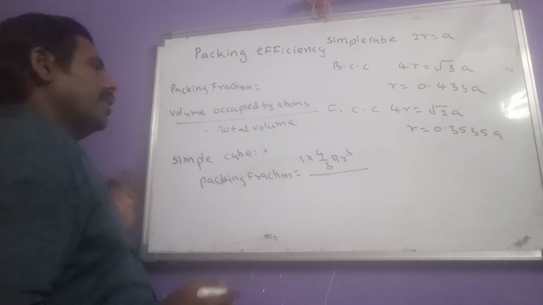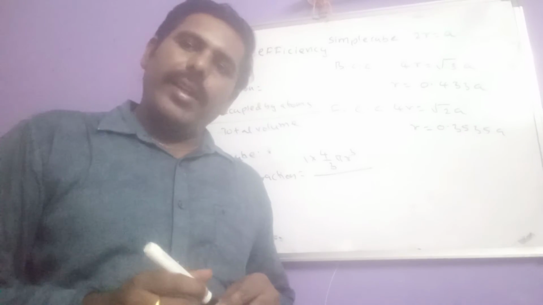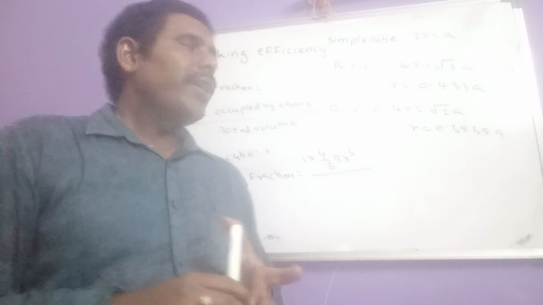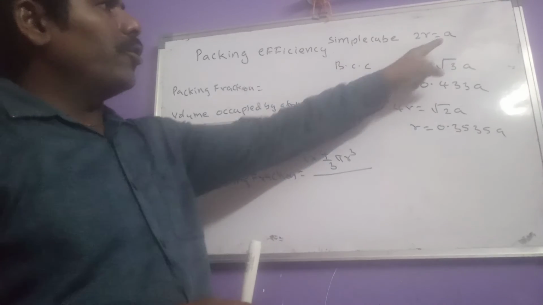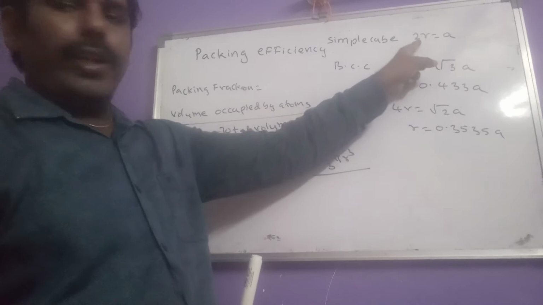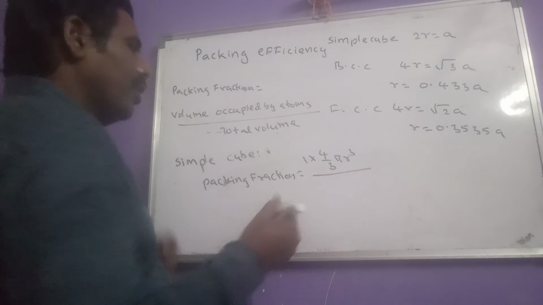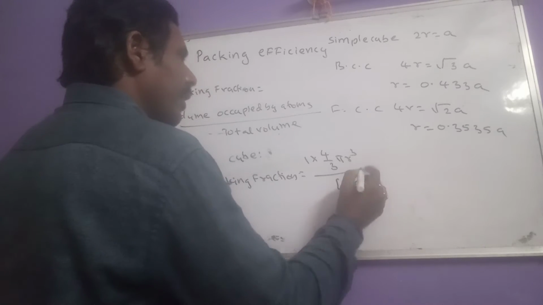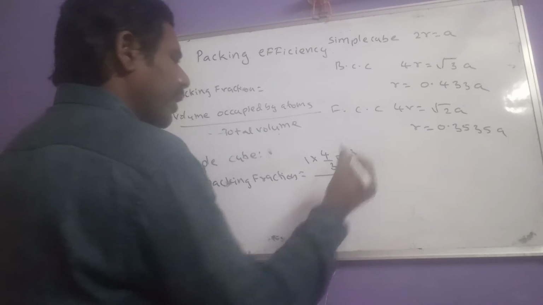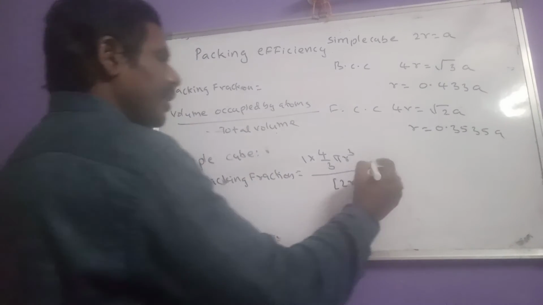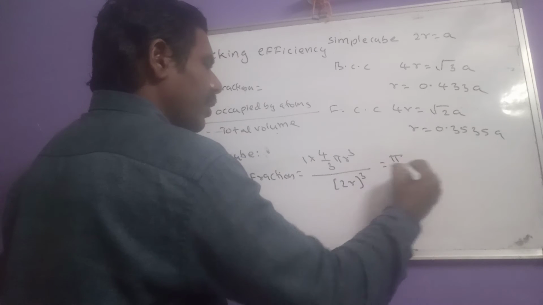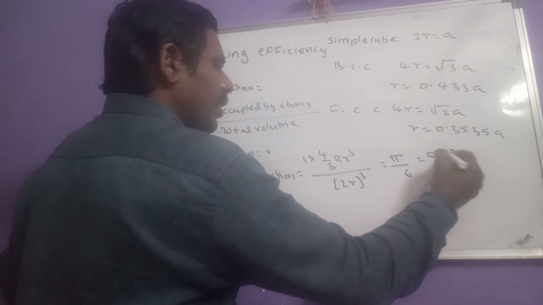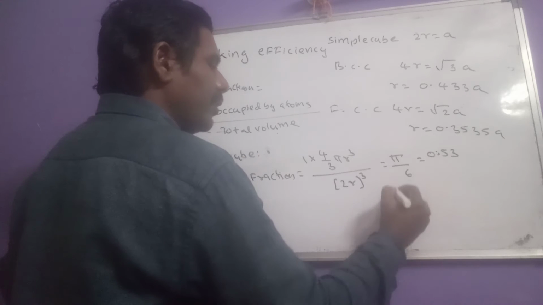And the volume of the cube is a cube, where a means edge length. But for a simple cube, in place of a, we write 2r. So by substituting 2r in place of a, we get 2r power 3. Upon calculation, we get pi by 6, that means 0.53.